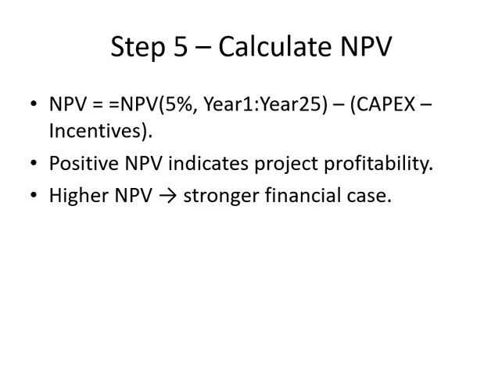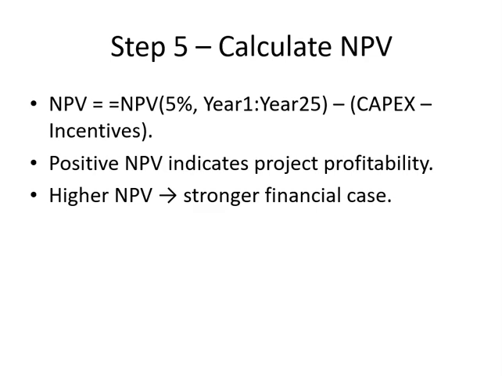For NPV, we use Excel's NPV function with the 5% discount rate and 25 years of net savings, then subtract the net capex after incentives. A positive NPV means the project is financially viable, as we have discussed in the previous lecture. The higher it is, the stronger the case, which is important for investors and decision makers to see.